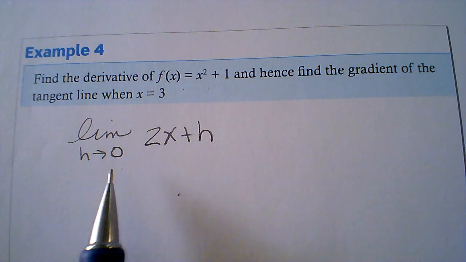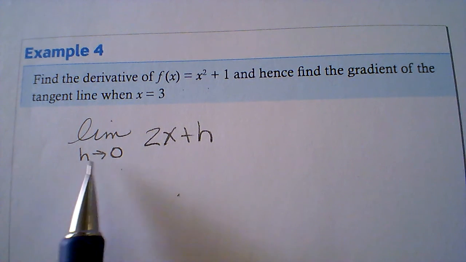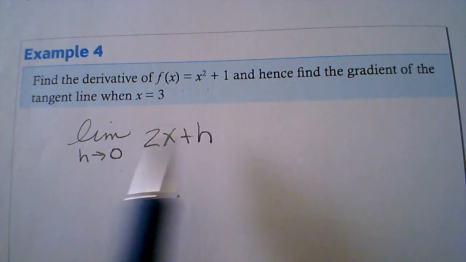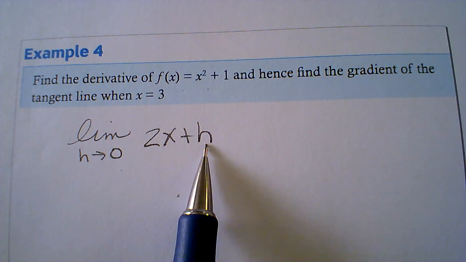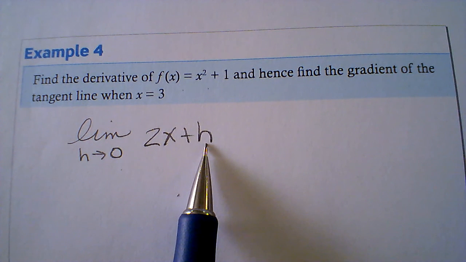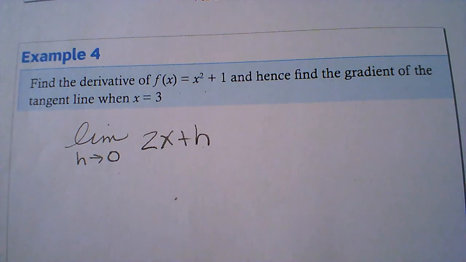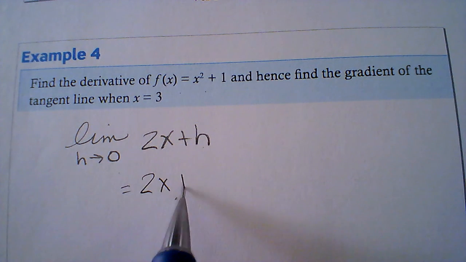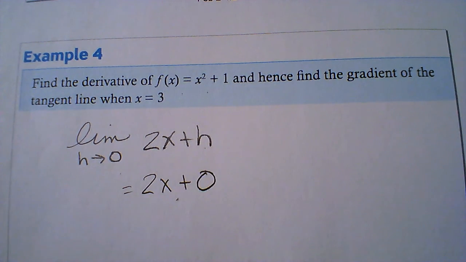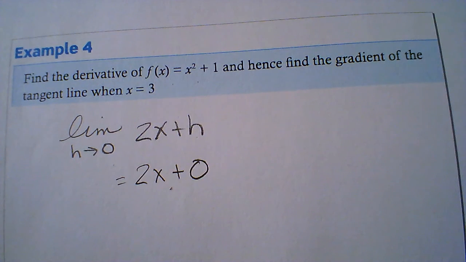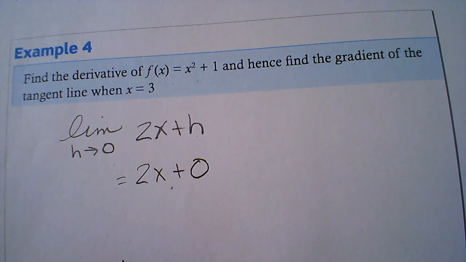As h approaches 0, I keep saying x. As h approaches 0, this value gets smaller and smaller and smaller, right? So eventually, if it got to 0, again, a limit doesn't get there, but if it got to 0, we would write this as 2x plus 0. If it hit 0, that's where it would be. Agreed?